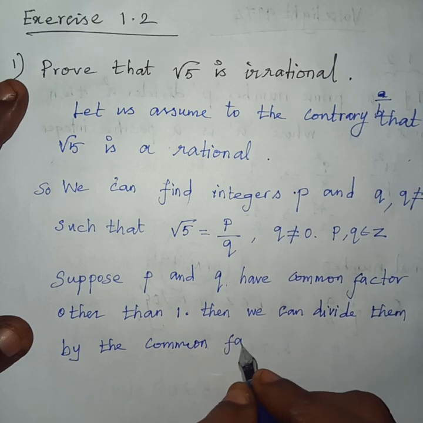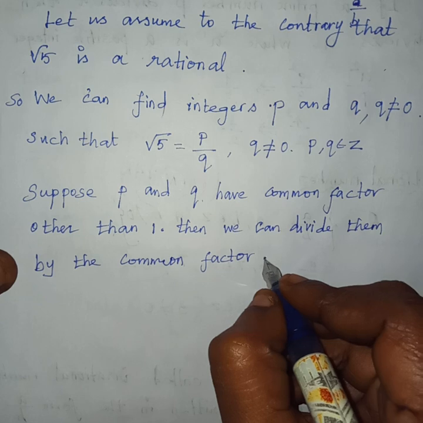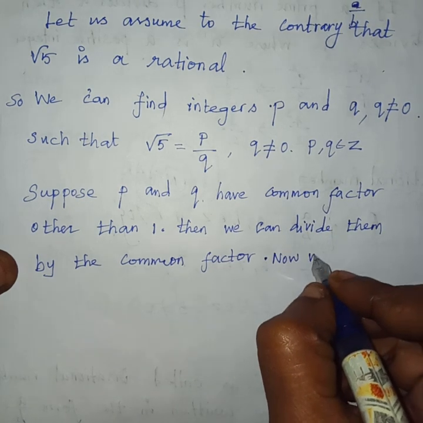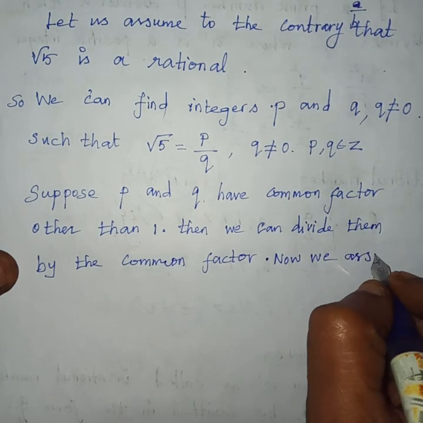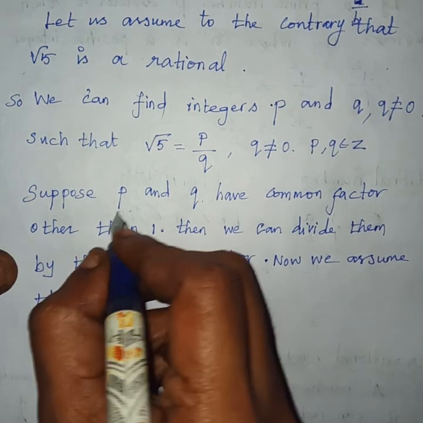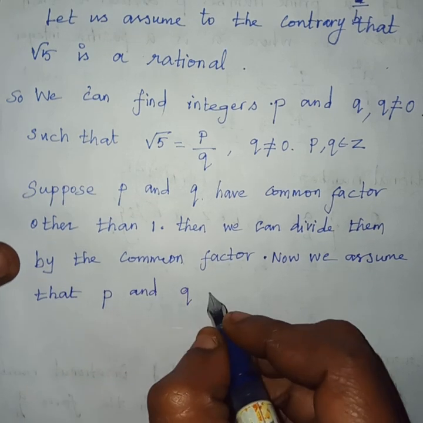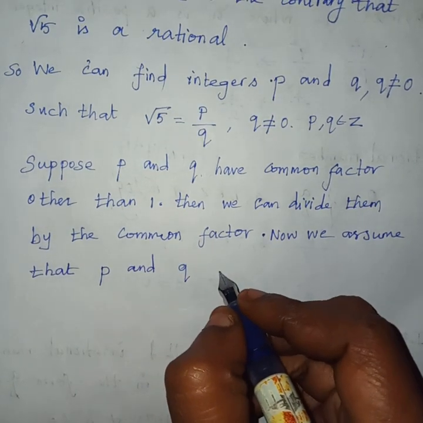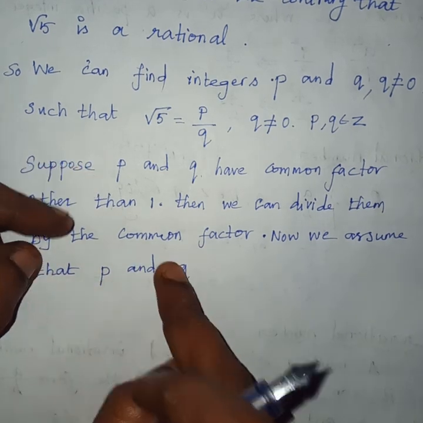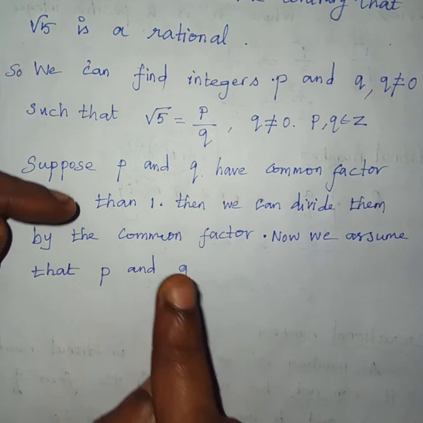After dividing by the common factor, we assume that we have the same integers p and q with the common factor 1 alone. If p and q have the common factor 1 alone, what does it mean? p and q are co-prime.